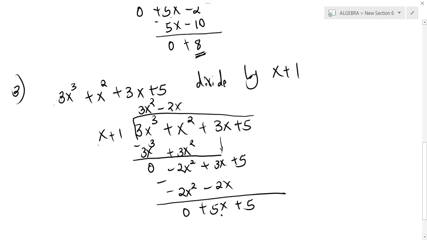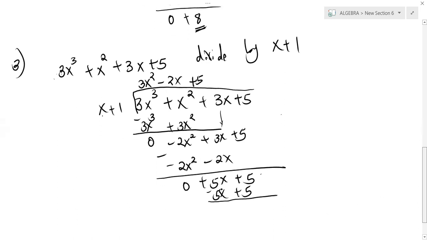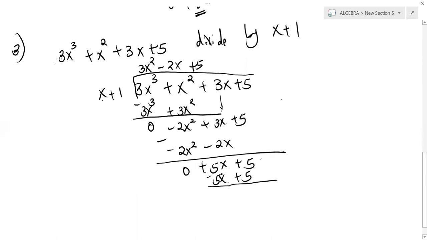Using this term to divide by x, 5x divided by x will give us 5. So we have plus 5. Then multiply with the whole of this term, that will give us 5x plus 5. Subtracting these two, we will have 0, so the remainder is 0. So dividing this by this gives us our answer as 3x squared minus 2x plus 5.